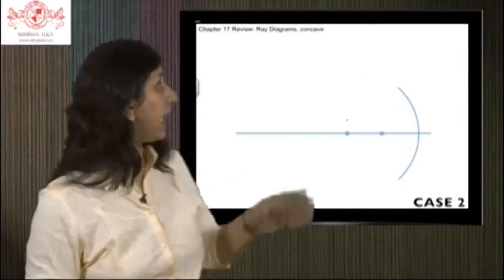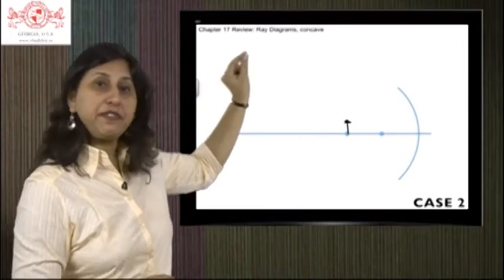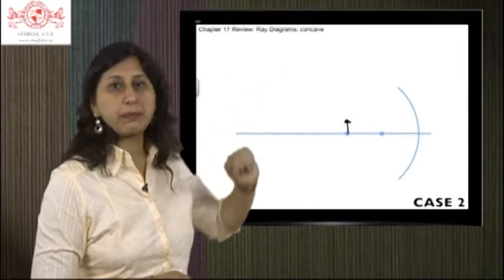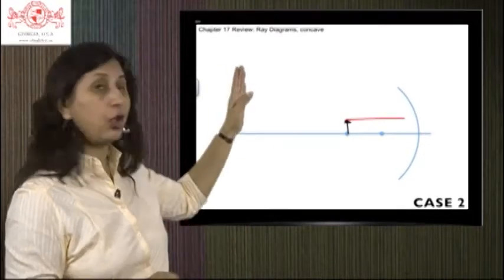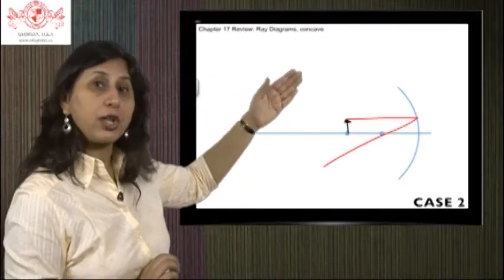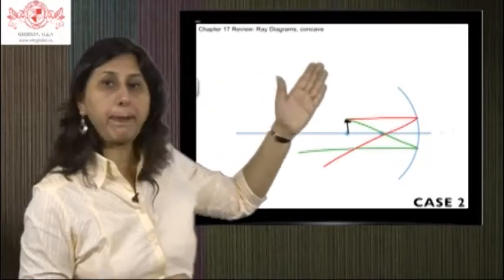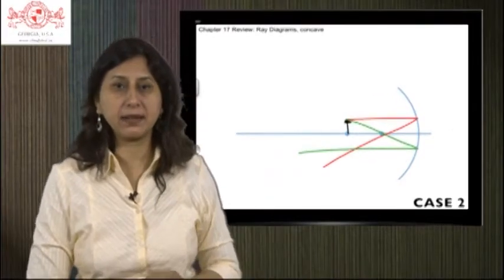Now let us see case 2. Here is my object. The first ray goes parallel to the principal axis and then goes out through the focus F. Then the second ray goes in through the focus and then out parallel to the principal axis.